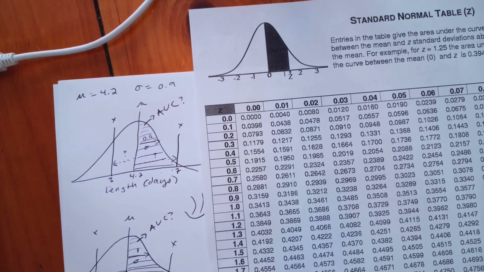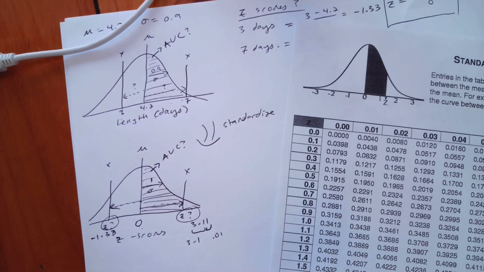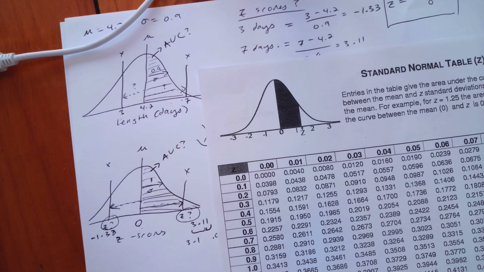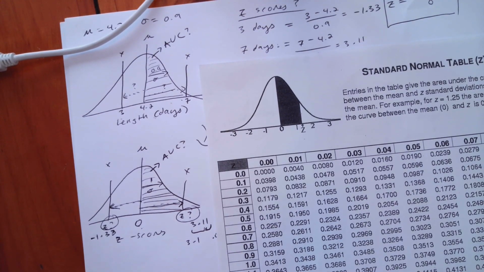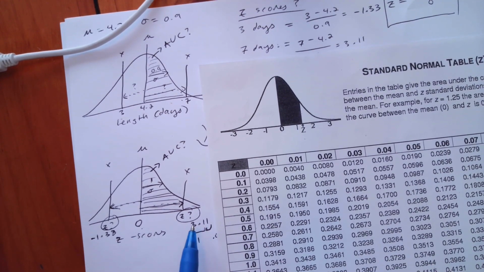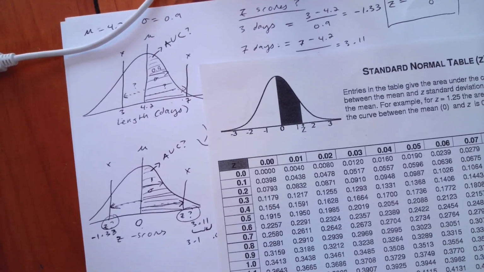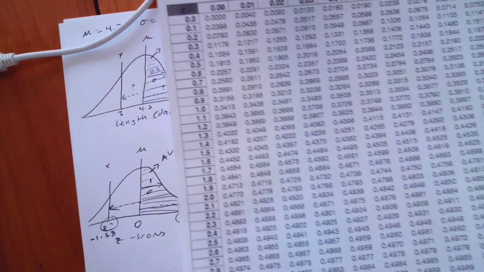So to find this area under the curve, sorry, I'm losing my papers. To find this area under the curve here, we're again going to use the z-score, and we're going to look it up on this reference table that tells us what area under the curve you can find in between the mean and any z-score we might be interested in. So here we're going to go down to 3.1.